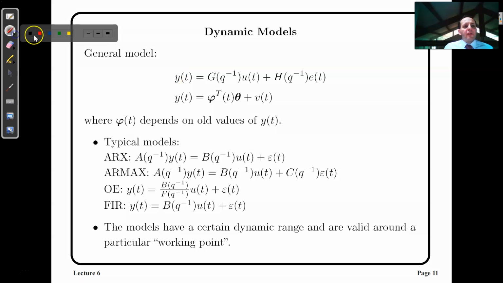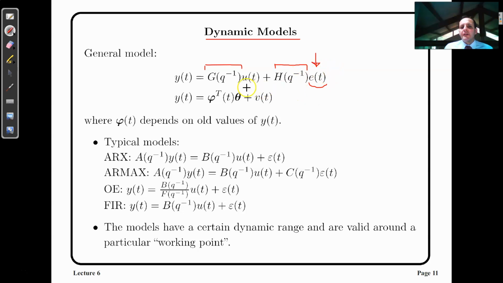When you consider the most general case of dynamic models, in general you obtain this model. The deterministic part is represented by a transfer function, which is called G, and the stochastic part is described by a transfer function called H, multiplied by a signal.